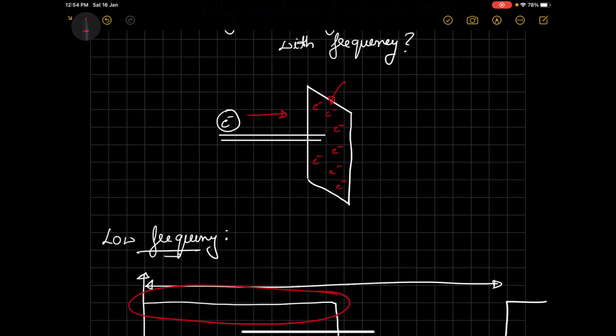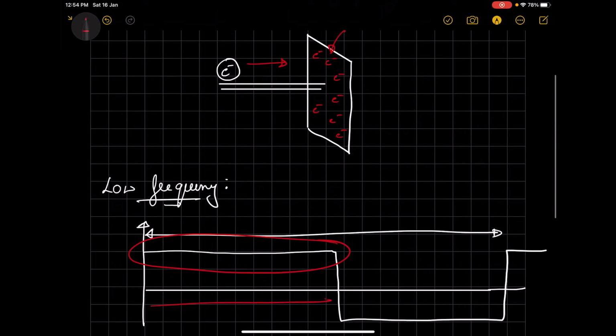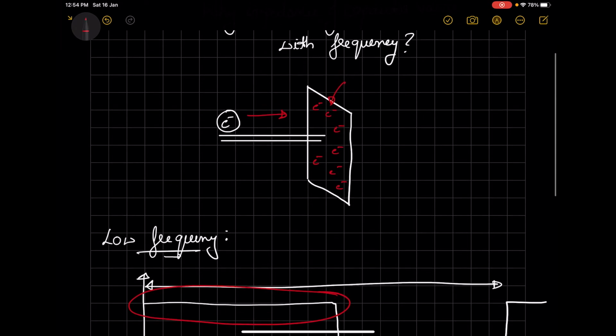But as you can see, since this time period is large, a large amount of electrons will eventually land upon the face of the capacitor, and that is going to slowly obstruct the new electrons coming onto the plate.